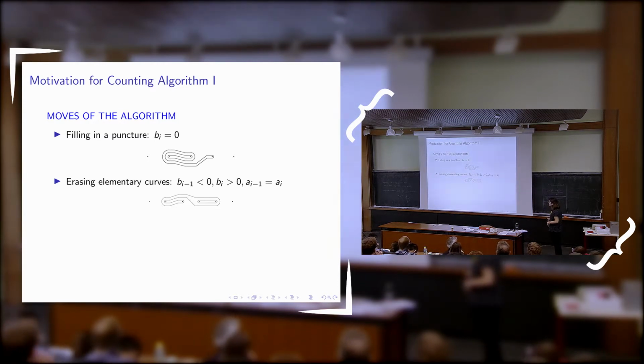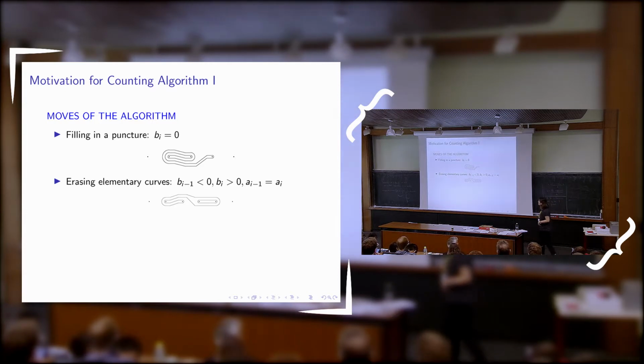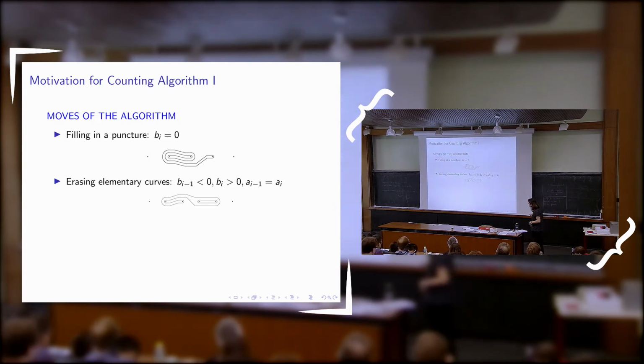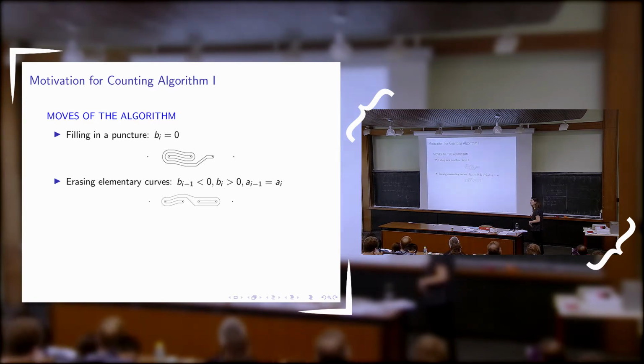So, erasing elementary curves. You remember that an elementary curve is a curve which bounds 2 punctures and which is symmetric to the x-axis. If you look at this multi-curve, it has an elementary curve. What this move does is erase elementary curves. If there is a left loop about a puncture and a right loop about the consecutive puncture, and the difference between AI minus 1 and AI is 0, that means that there is no banding around here.